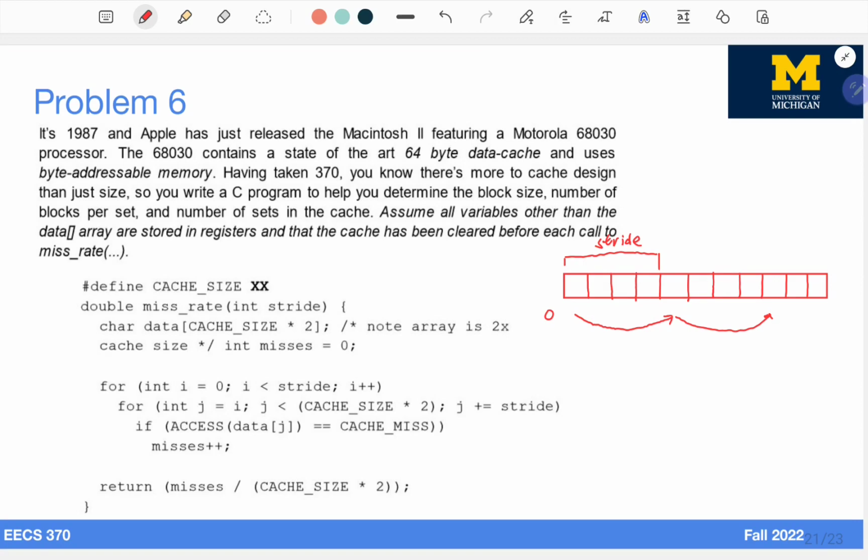After it reaches the end of the array, it will move on to the second outer iteration, and the inner iteration will start at index 1, and also increment by stride every time until reaching the end of the array, and then move on to the next outer iteration and start at index 2, and also increment the index by stride every time until reaching the end of the array.